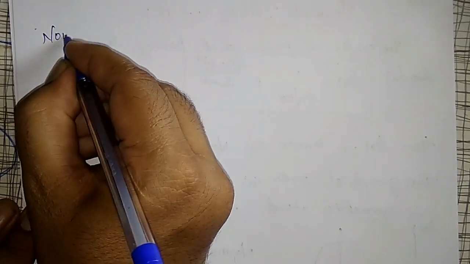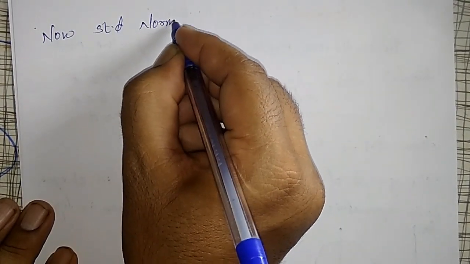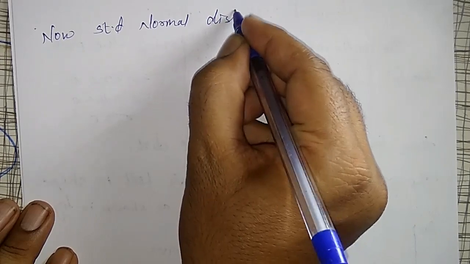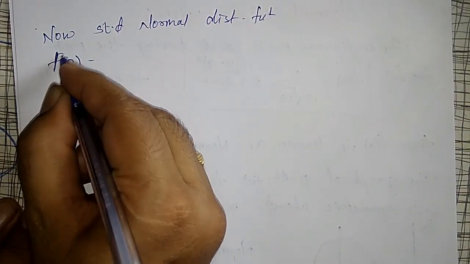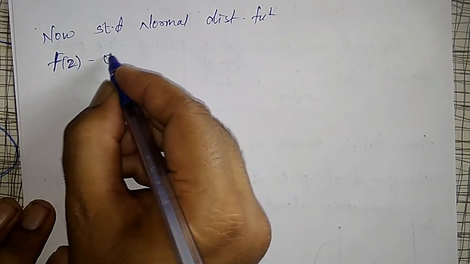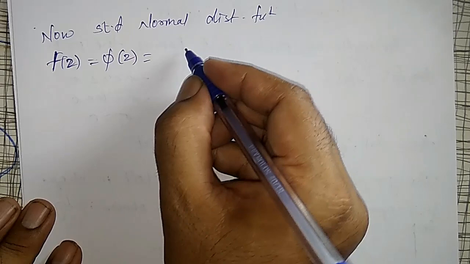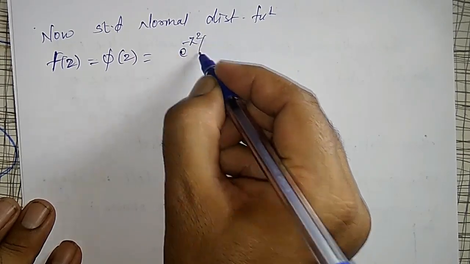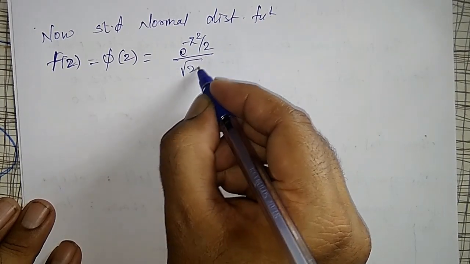Now the standard normal distribution function f of z, I can represent as capital F of z, or sometimes phi of z also I am representing, is defined to be e to the power minus z square divided by 2 divided by square root of 2 pi.